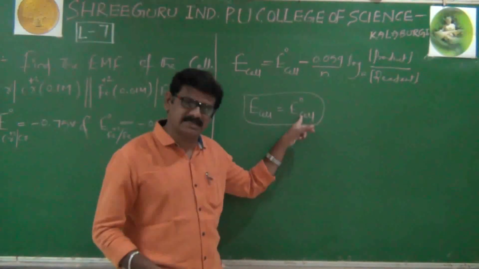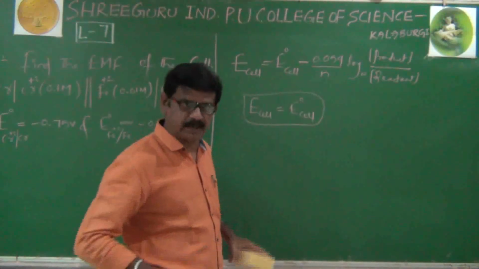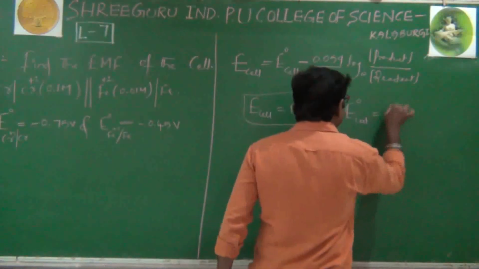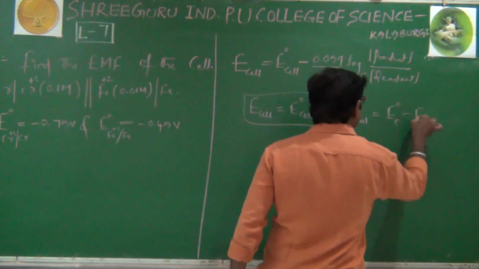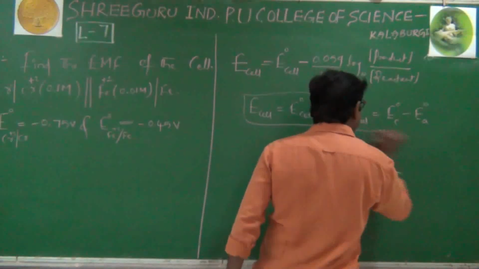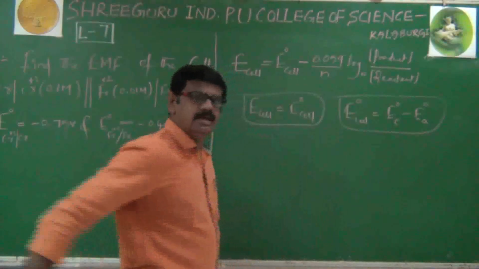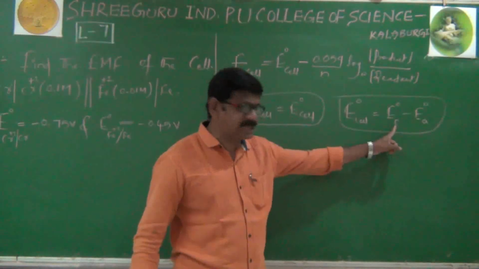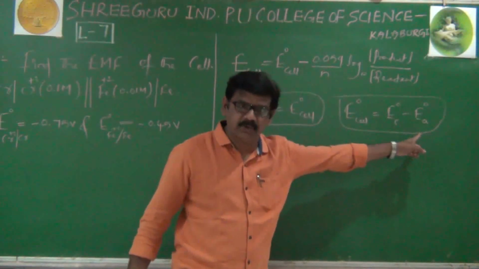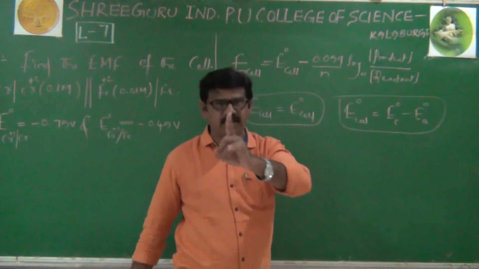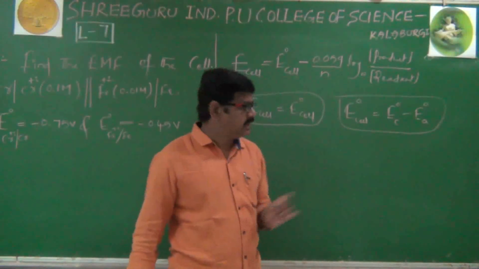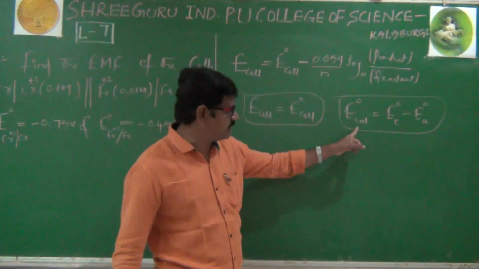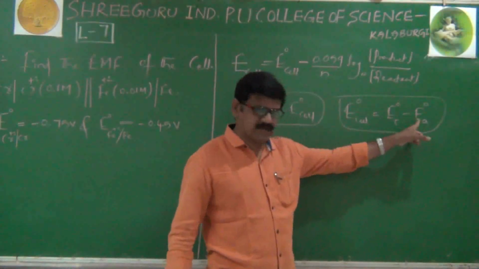And regarding E naught cell, in previous classes we have learned that E naught cell is equal to E naught cathode minus E naught anode. That's it. We will use this formula when both cathode and anode concentrations are exactly 1 molar each. In that case, we directly get the cell potential by using this formula.